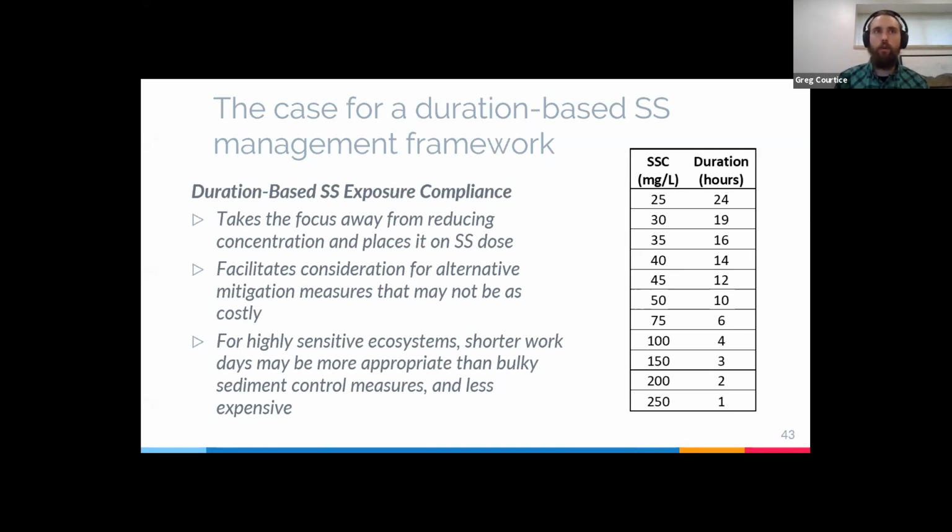If, for example, we have a highly sensitive ecosystem, say we're wanting to work in the restricted activity period, and we find, given the site conditions, that installing sediment control measures may be too bulky or otherwise not appropriate, we can still get the work done if we prescribe very, very short duration limits. So maybe you only work for 2 or 3 hours in the day, but the project can still go forward in an environmentally acceptable manner.